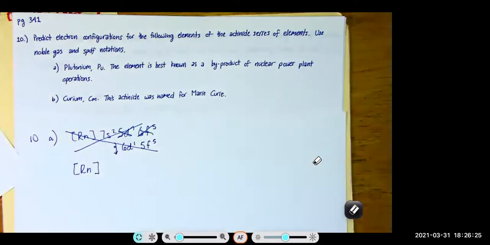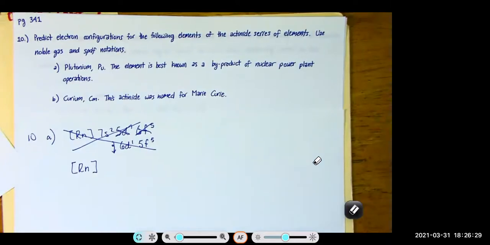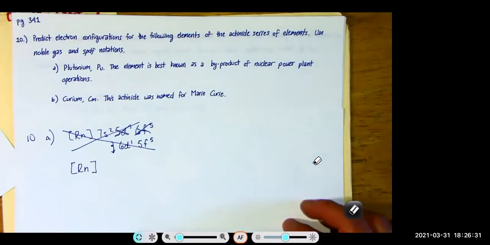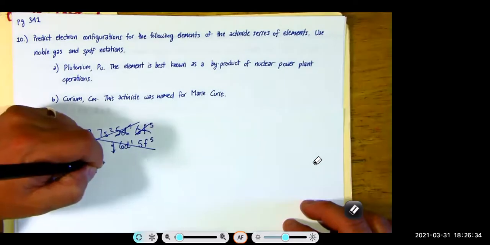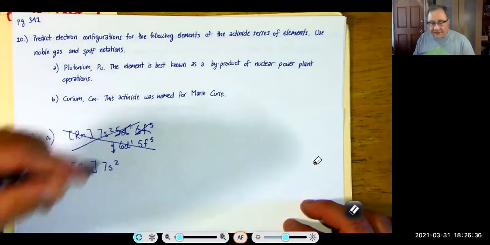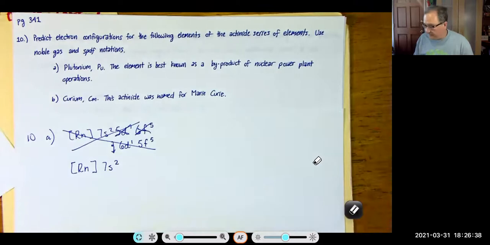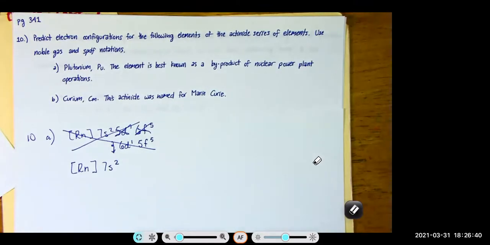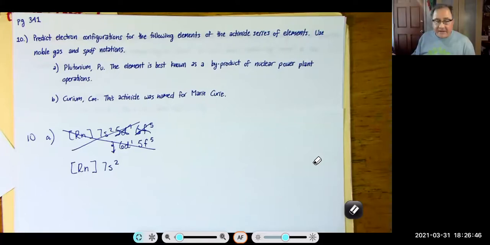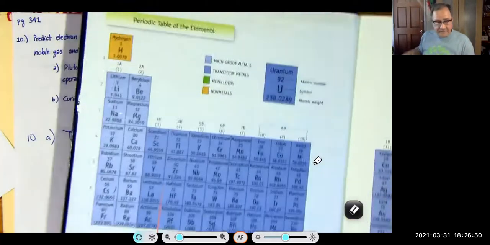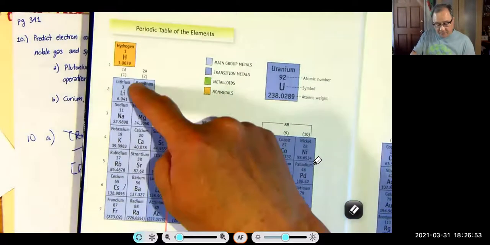It would be radon, 7s2. Now, how do you know it's a 7 instead of a 5? For S because it starts after radium. Well, I would say that when you're looking at the periodic table, it's 1, 2, 3, 4, 5, 6, 7.